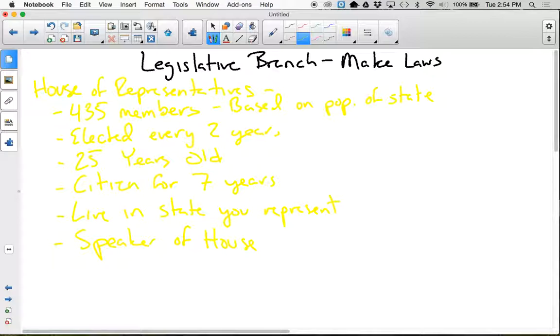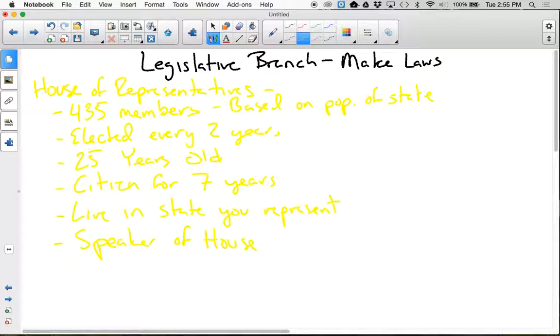We have a census every decade, at the 0, so 10, 20, 30. If the population of Minnesota was to increase by 1 million people, we would gain members of the House, and another state would lose members of the House. So it's a proportional thing.